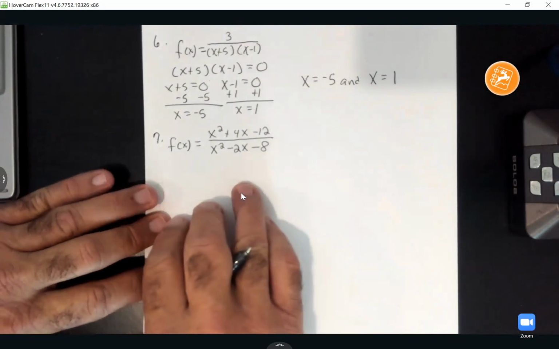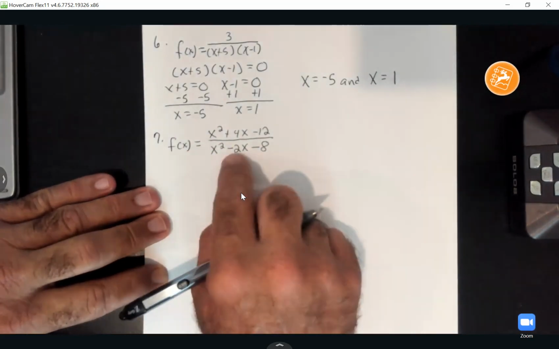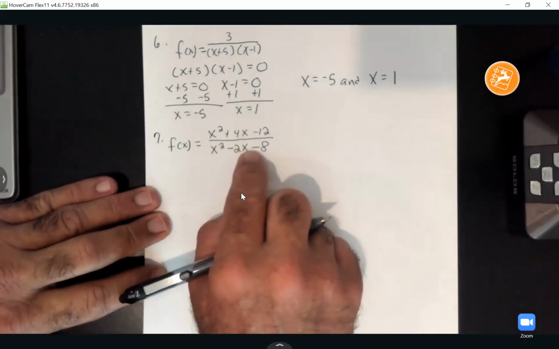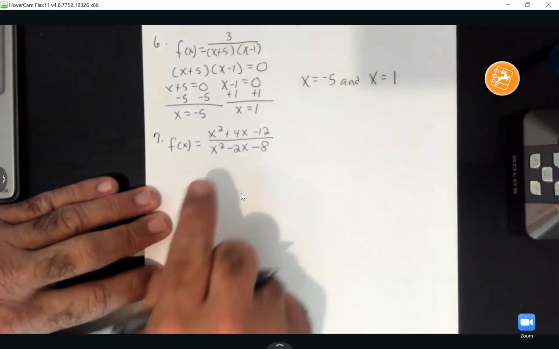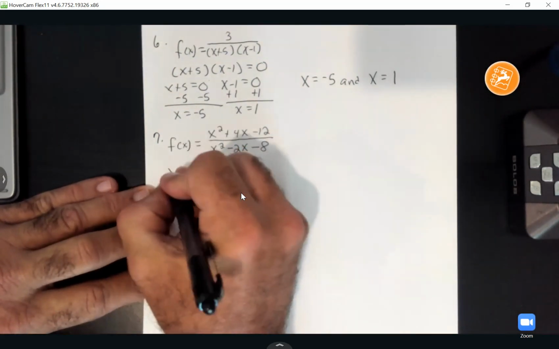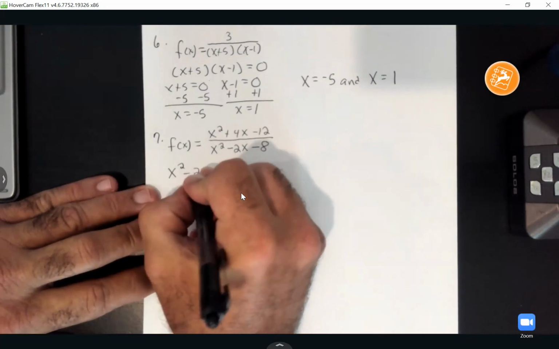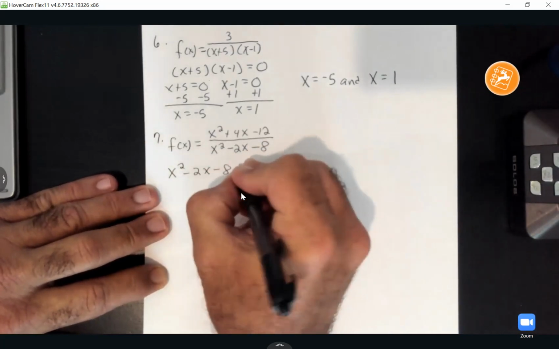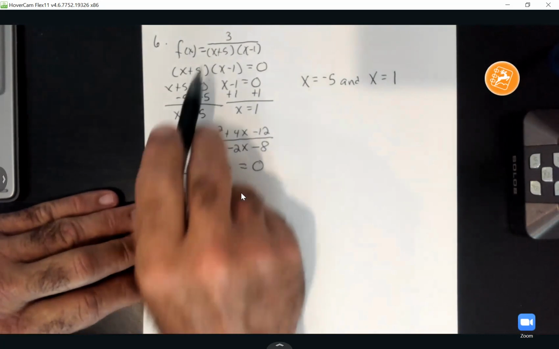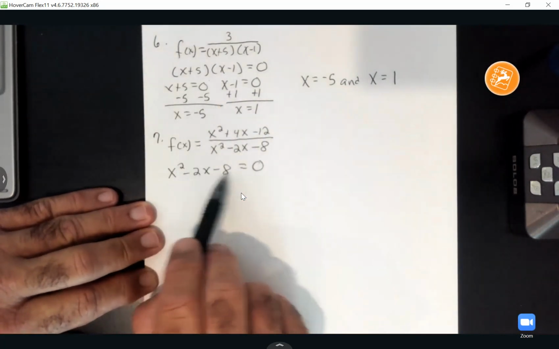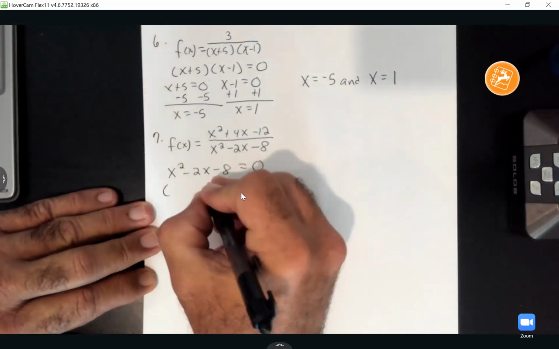I think a lot of this section is just getting you good at playing with these quadratics and seeing how you got to factor them, okay? So let's set this equal to 0. Now, they're not nice. They factored this one, but they didn't factor this one, so we get to do that.